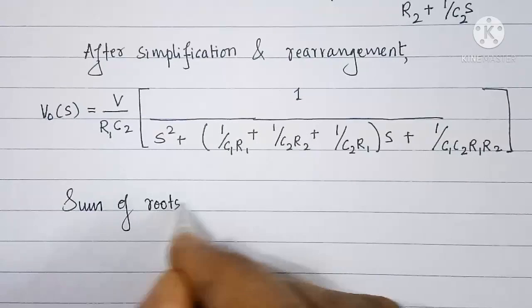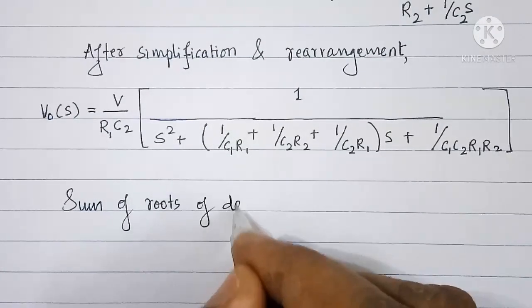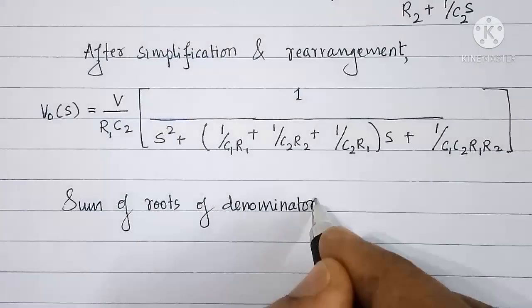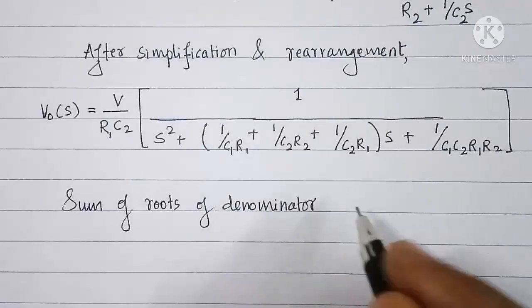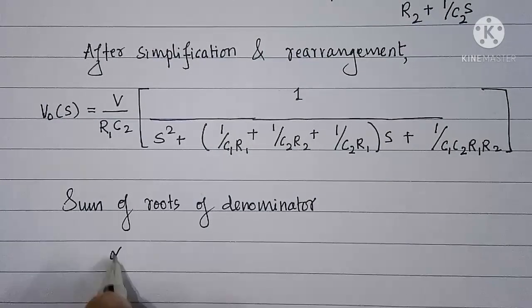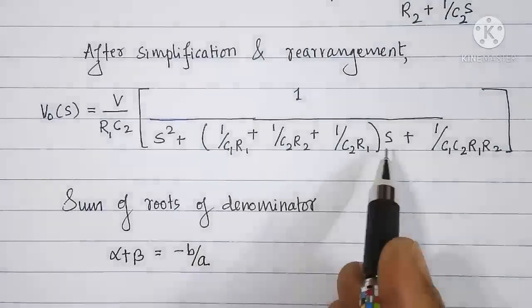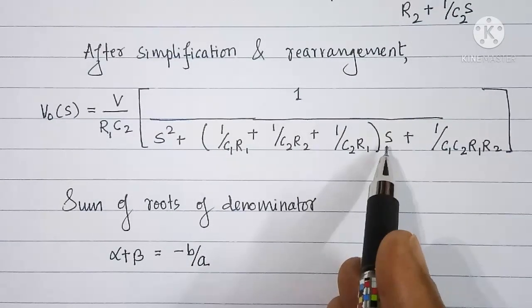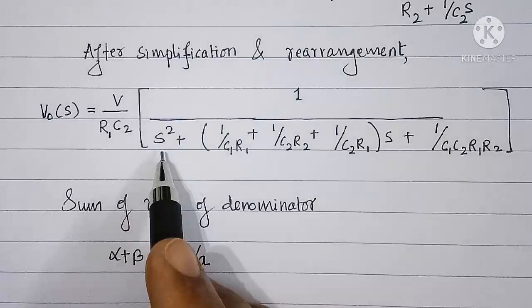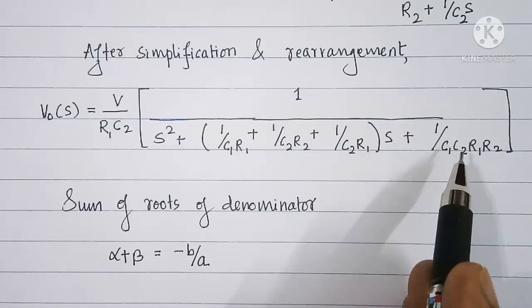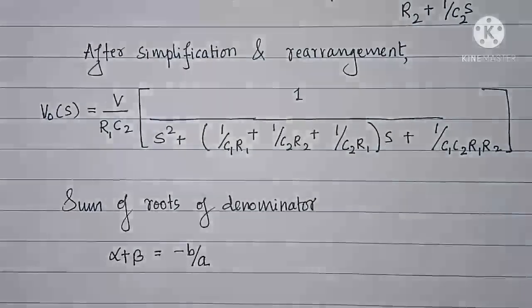Sum of roots of denominator, alpha plus beta, is equal to minus b by a, where b is the coefficient of S term, a is the coefficient of S square term, and c is the constant.